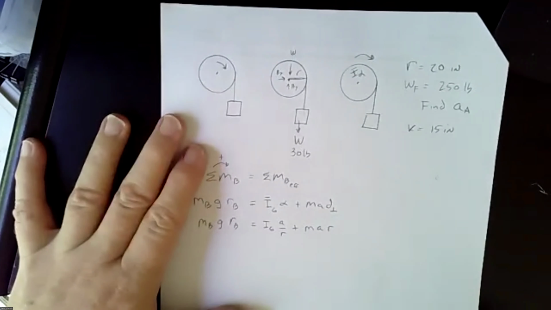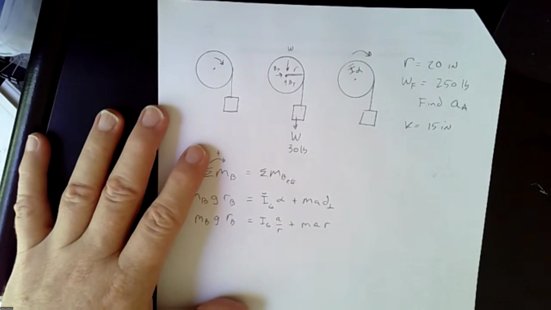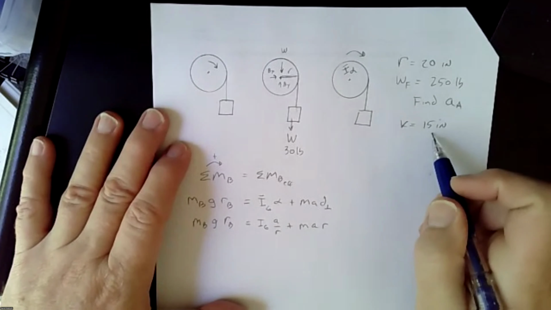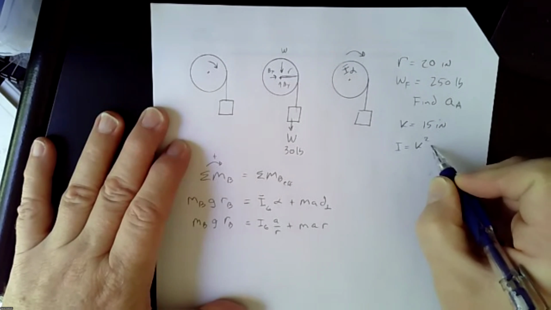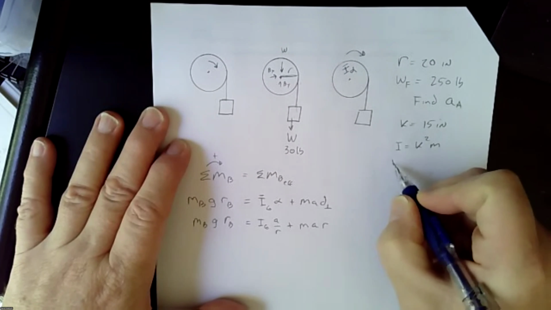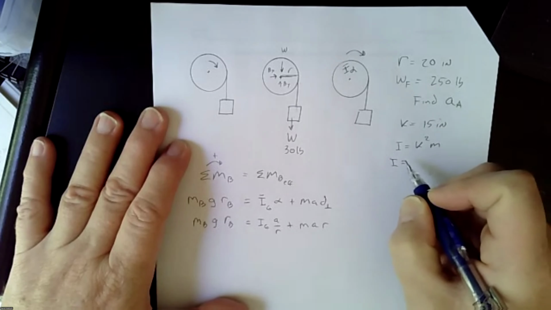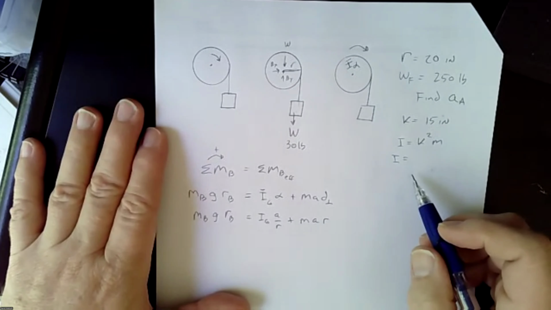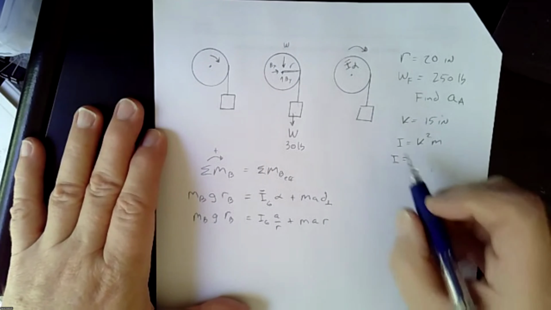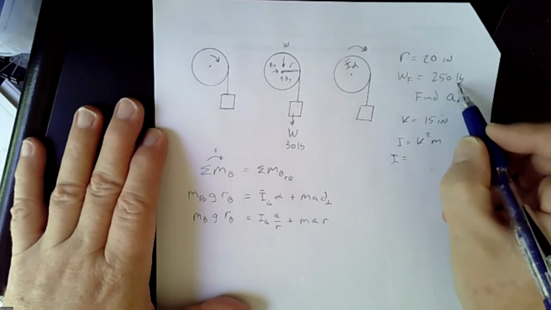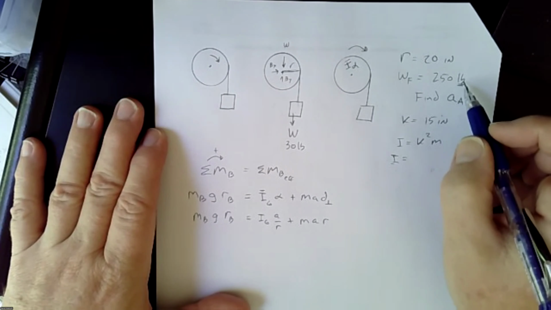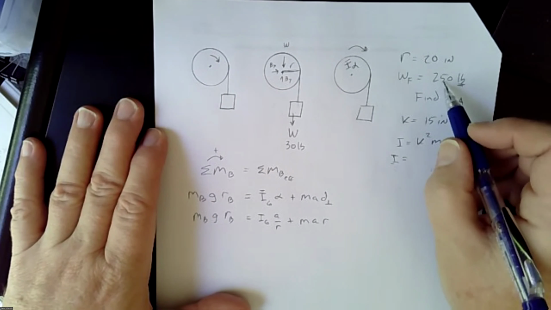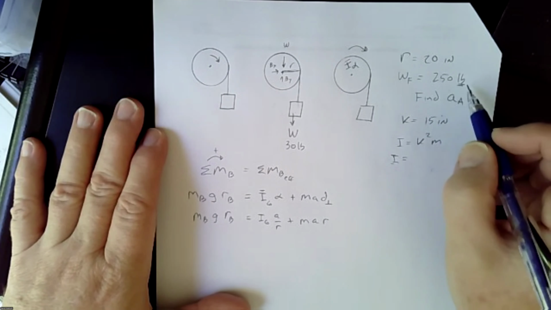Because remember what I said is that if you want to know the moment of inertia and all you have is K, then I equals K squared times the mass. So in this case, I is going to equal... Now, one of the things we have to remember is that as long as we're dealing in pounds, we have to convert to feet, because if we convert this to mass, gravity's in feet per second squared.